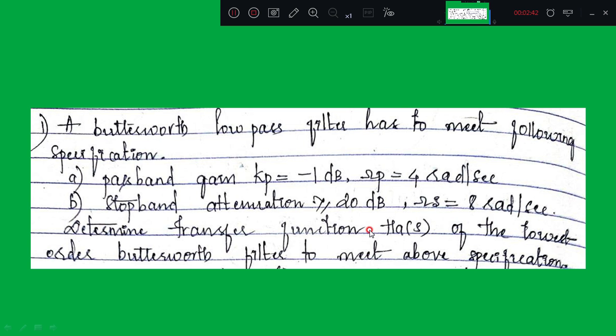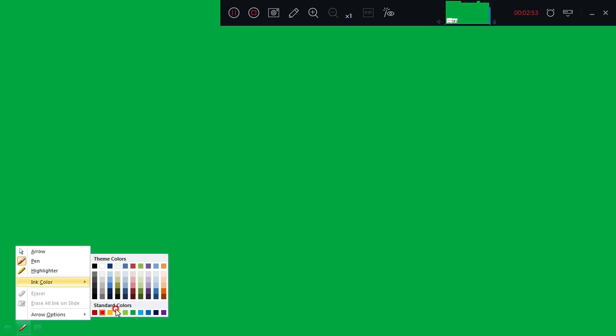So now we will write down the given specifications once, then we will solve by finding the order of the filter as well as the cutoff frequency.